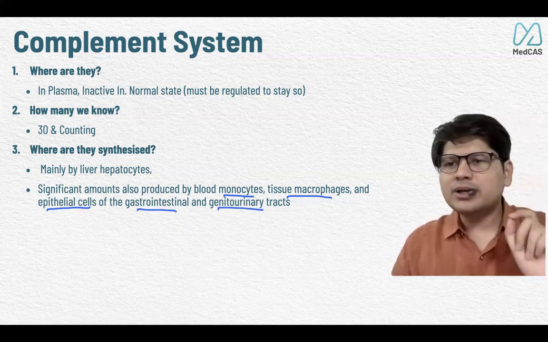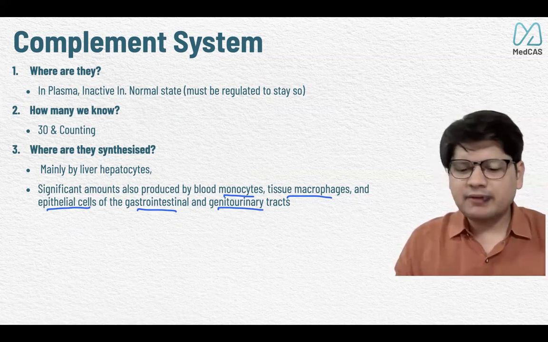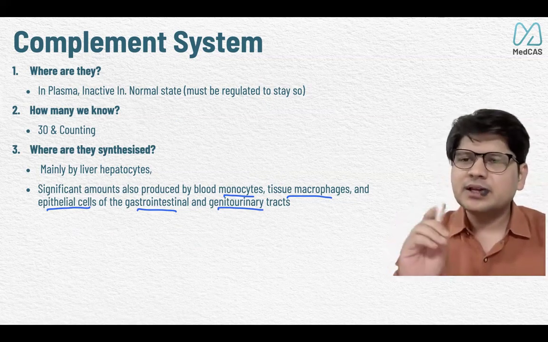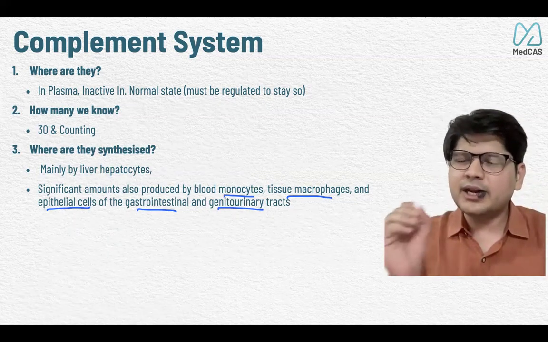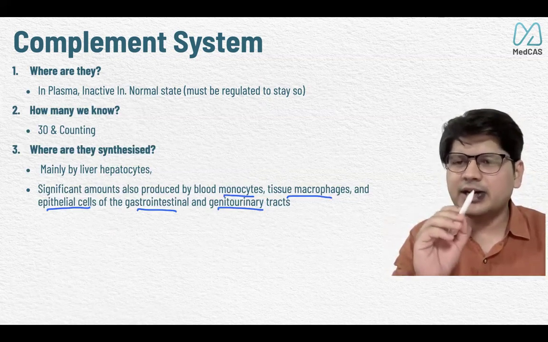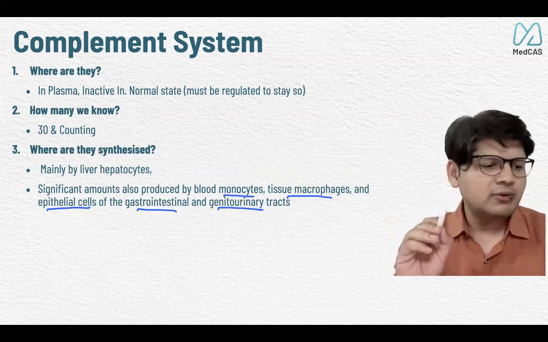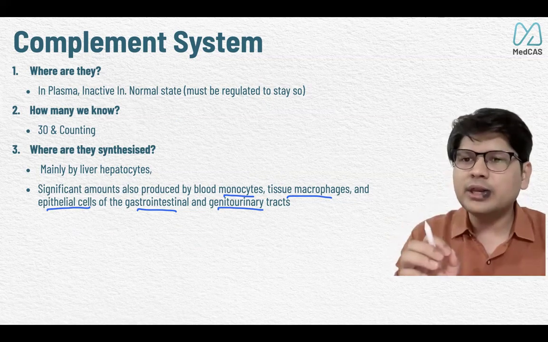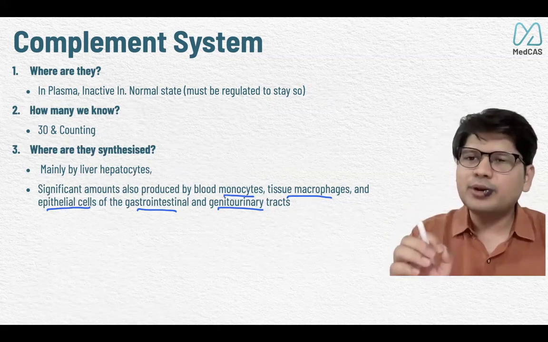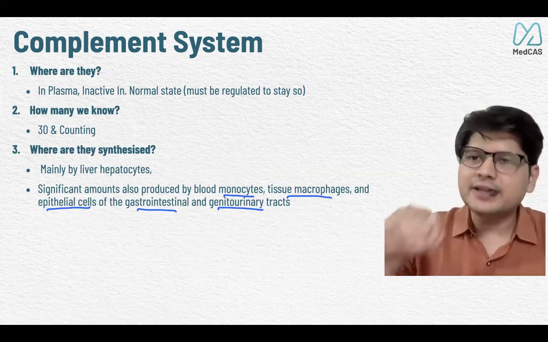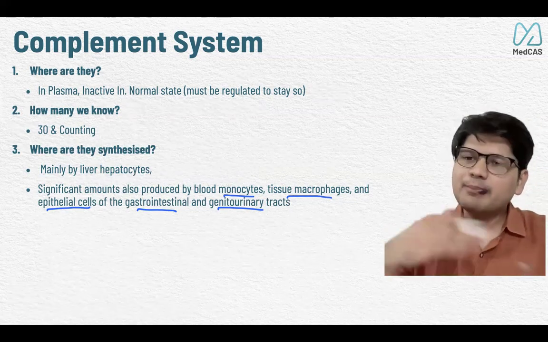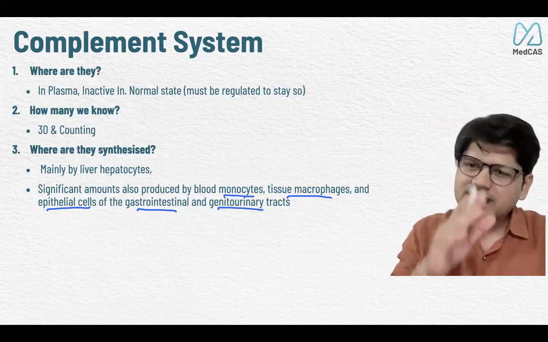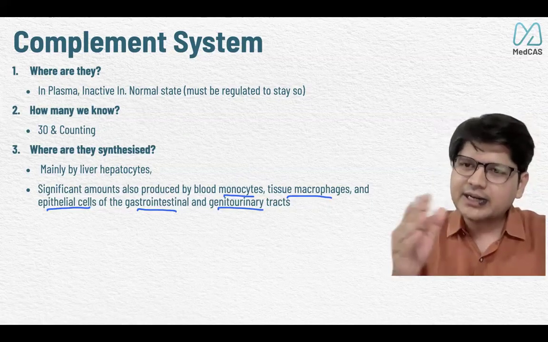Now, one important question comes: if we are doing a serum analysis, we do total protein and albumin, right? And once we subtract albumin from total protein, what we get is the globulin. In this globulin component, complements are actually hidden. We do separate analysis of C3, C4, but as such, they are plasma proteins related to that.